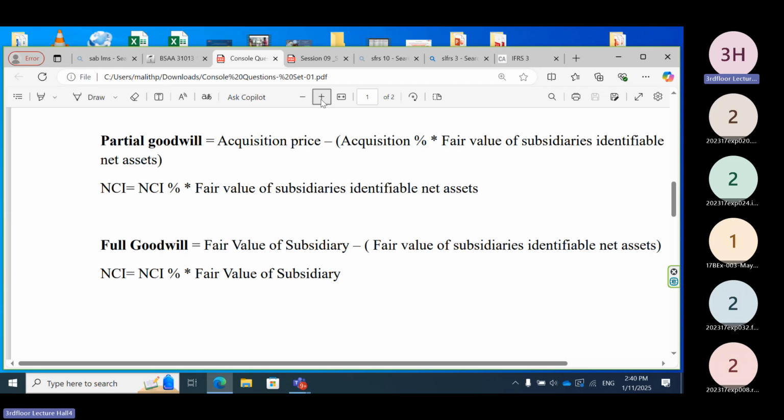The purpose of having this account is to calculate goodwill. We have a consideration of 600, the cash consideration, so debit the cost of control account.